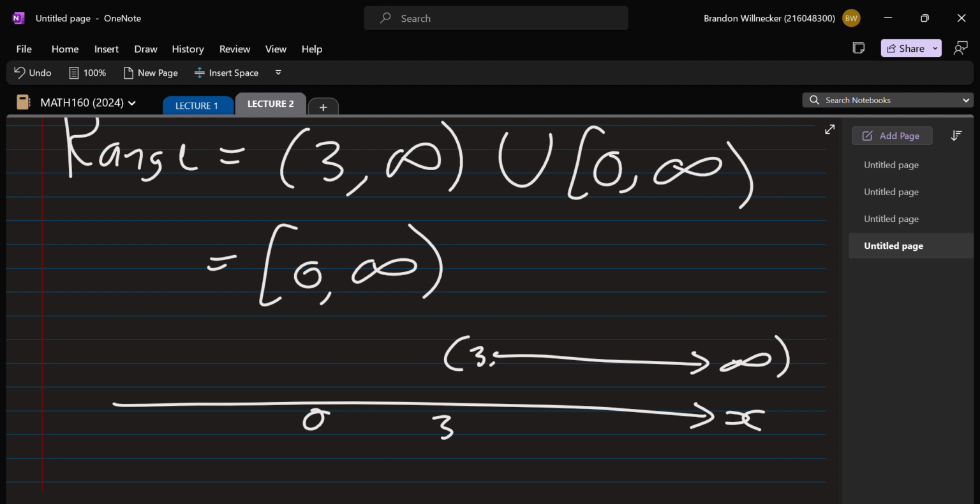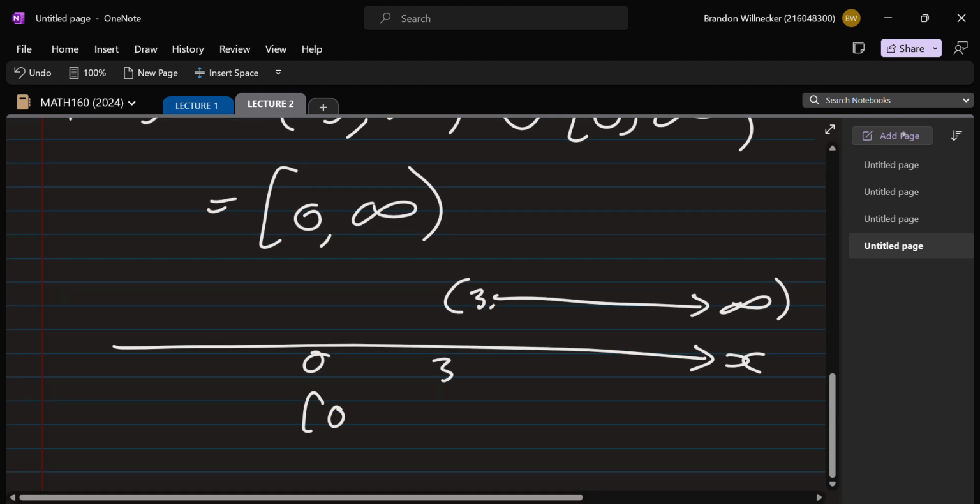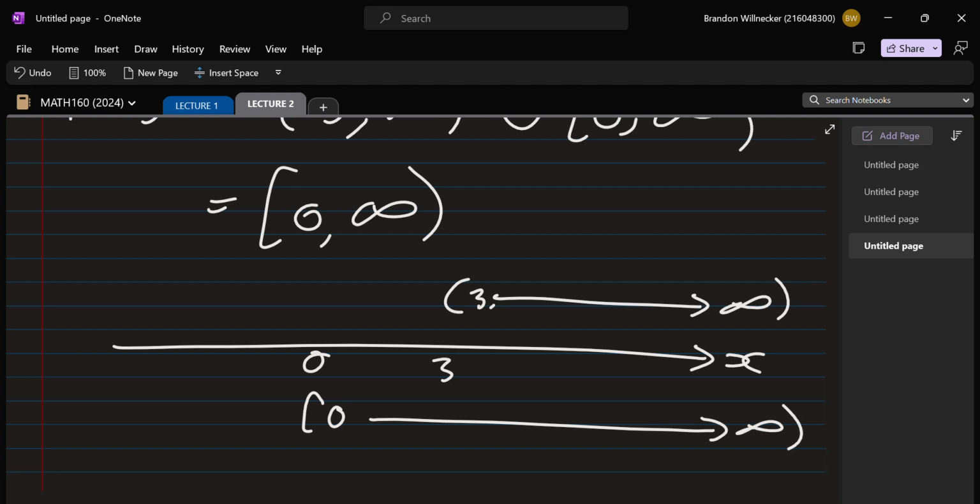The second one is from 0 to infinity included. So here's 0 all the way to infinity. We see that from 3 onwards, it overlaps. So it's covered by that bottom one. You can think of it as the top one is a subset of the bottom one. So if you take the union, you just get the bigger one. Okay.